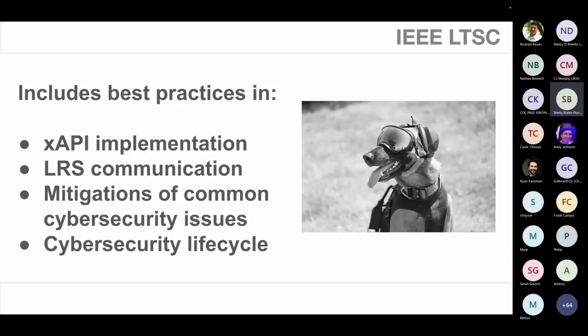So for example, there may be a difference in the way someone sets up an LRS for an informal purpose in showing off a proof of concept or doing an experiment versus the implementation of a formal cybersecurity practice that's integrated with DevSecOps for the purpose of establishing xAPI and learning record stores within a federated enterprise environment.